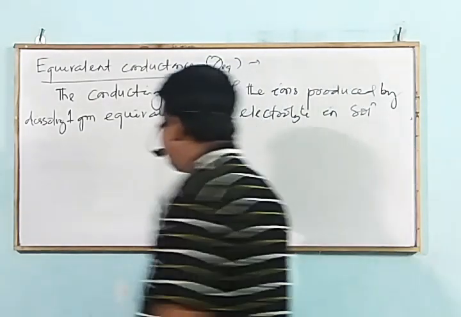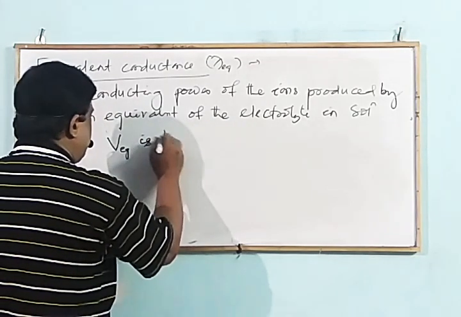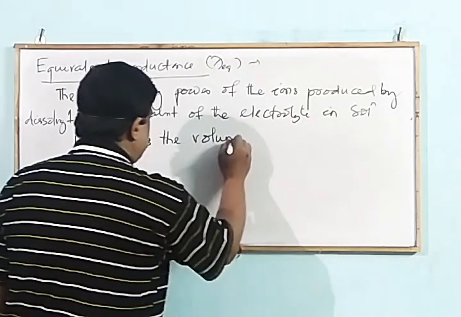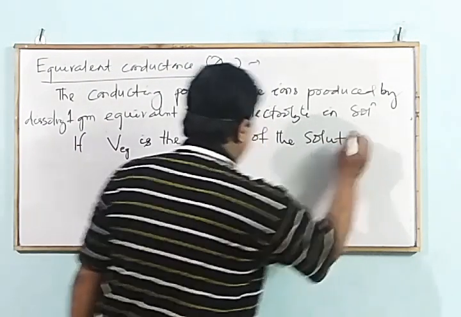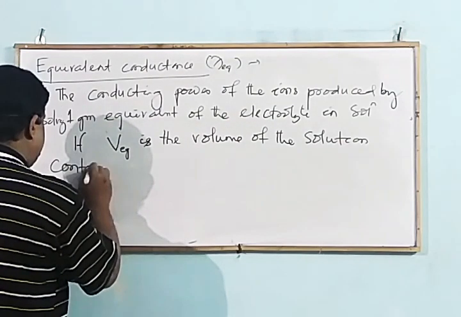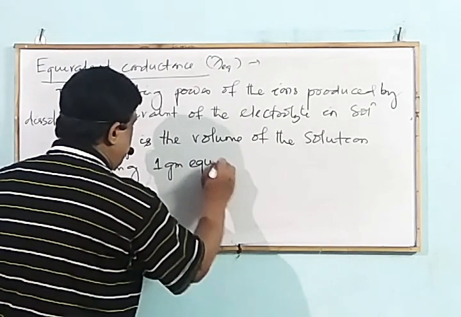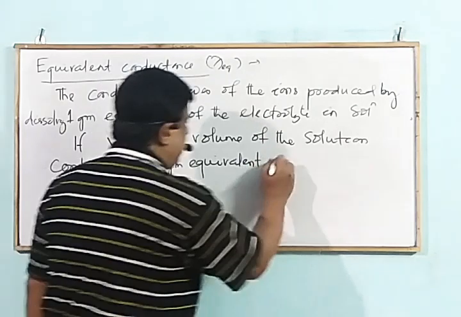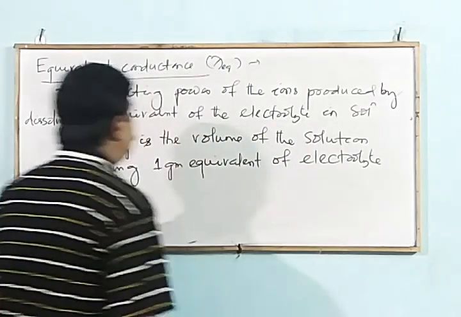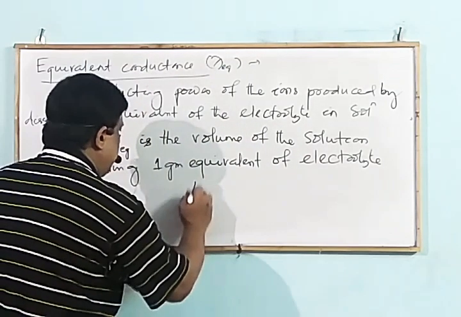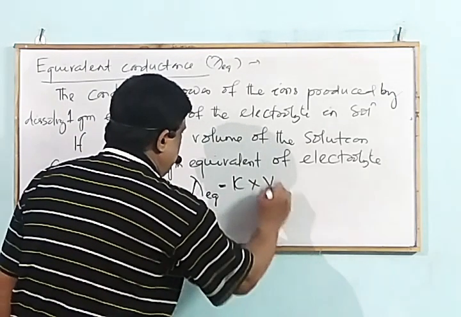Mark that, if VEQ is the volume of the solution containing 1 gram equivalent of electrolyte, then according to the definition, lambda EQ is equal to kappa into VEQ.